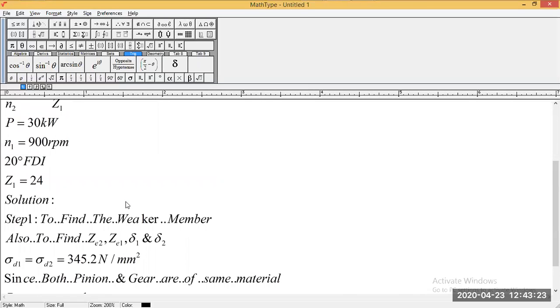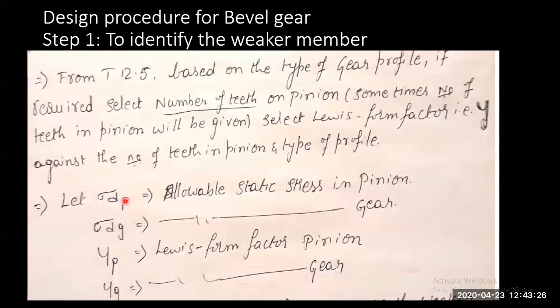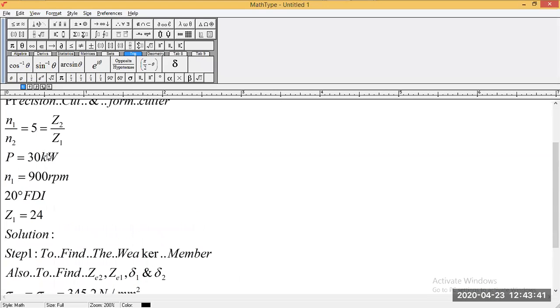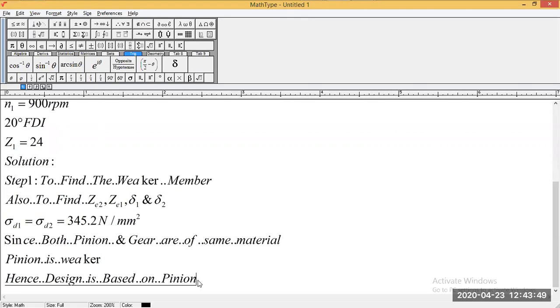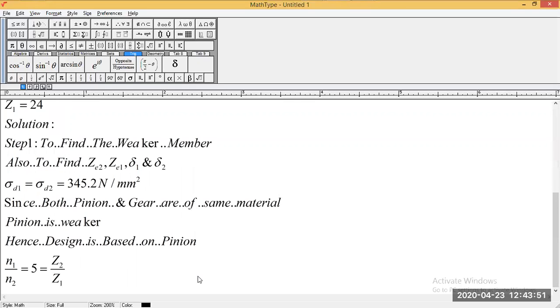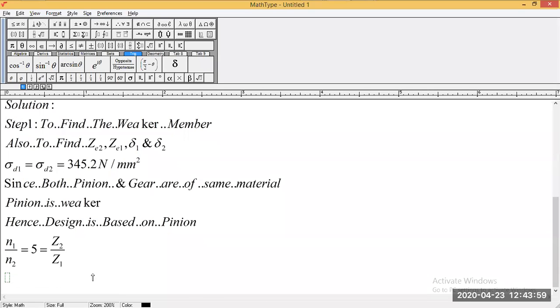Okay, so for that, I will go back to PPT, see what it says. Number of teeth is known, right? So we can take out the value of y for pinion and gear. Since we have already found that pinion is weaker, we'll take only for pinion. But the number of teeth on this is also required. So let's copy this. This is the velocity ratio given in the question. So using this, you can find N2 and Z2.